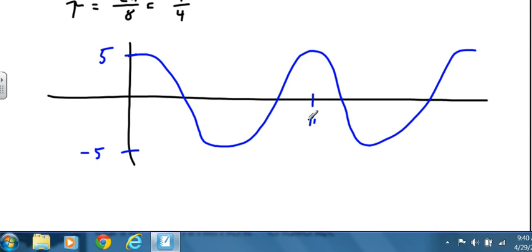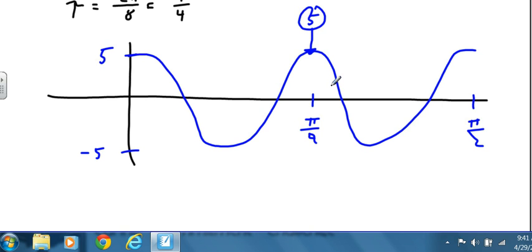So this would be pi over 4, that would be pi over 2, and now I don't have to do the other calculation because I know at pi over 4 I'm going to be at 5. That's why I said graph it first and tell me what it is second. I didn't necessarily have to go the other way. And with that, we're done with chapter 11, unless we want to do something else.